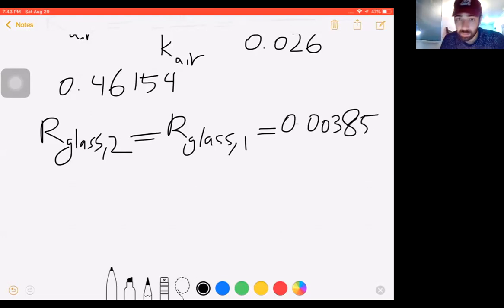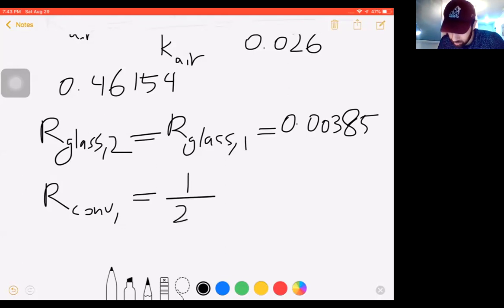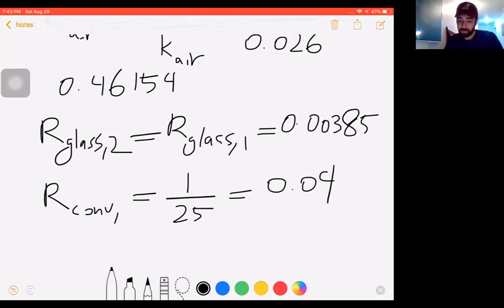0.00385, and the outer convection between the outer surface and the surrounding air is equal to 1/25, which was the amount of h, and it is equal to 0.04.